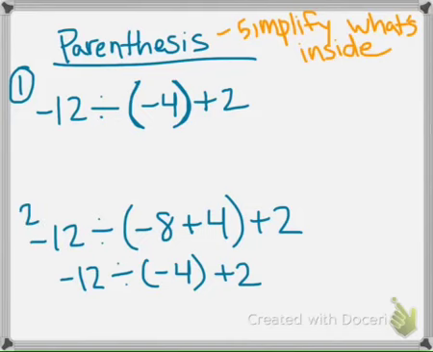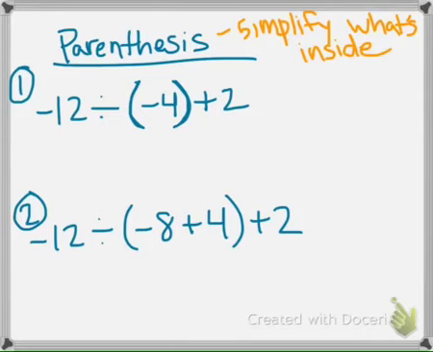If we go on to the second one, we've got negative 12 divided by negative 8 plus 4, and then plus 2. In this case, we can simplify what's in parentheses. Instead of writing negative 8 plus 4, we can simplify that.